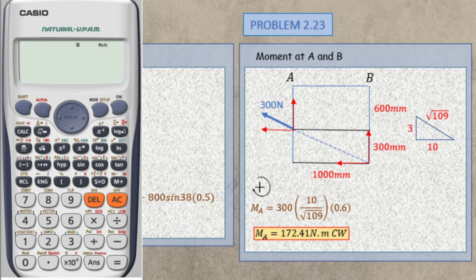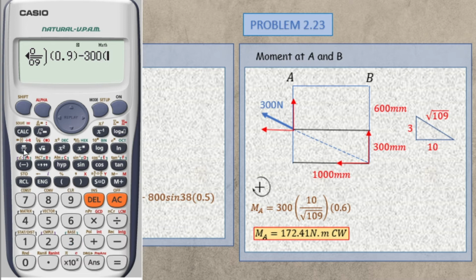But if you choose this one, this will happen. So 300 cosine theta, where cosine theta is 10 over square root of 109, multiplied by its moment arm, which will be 0.9. It is rotating clockwise, so it will be positive, and then this one is counterclockwise, so minus 300 sine theta.